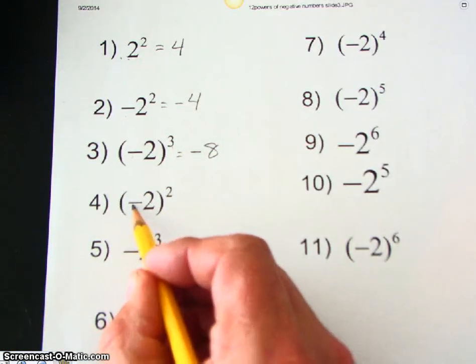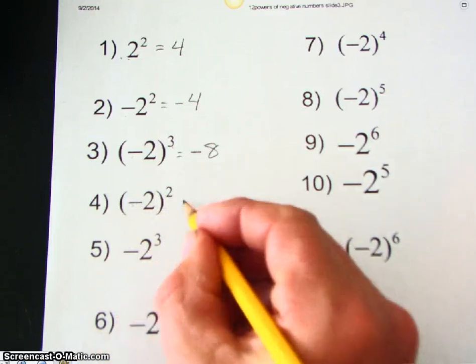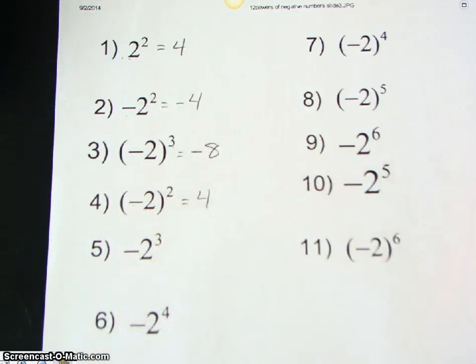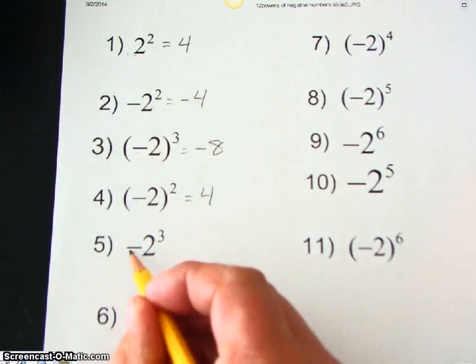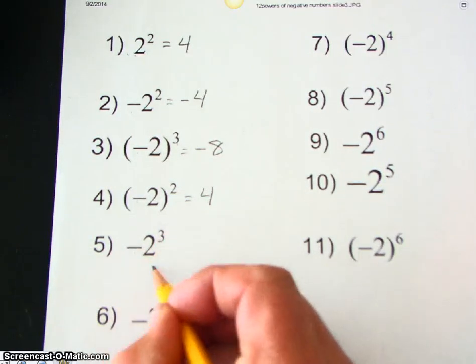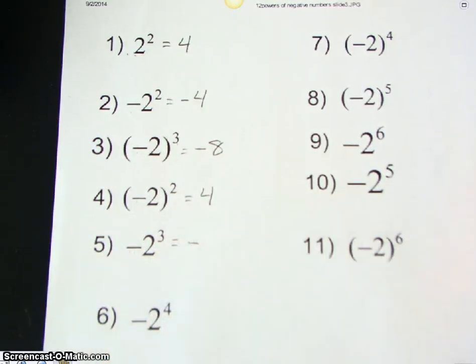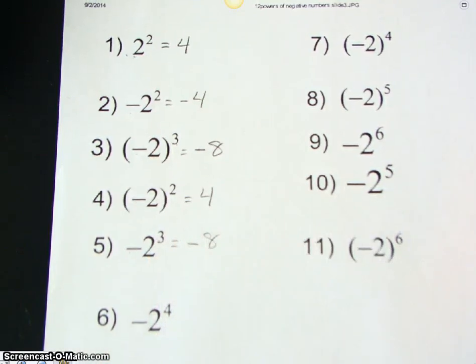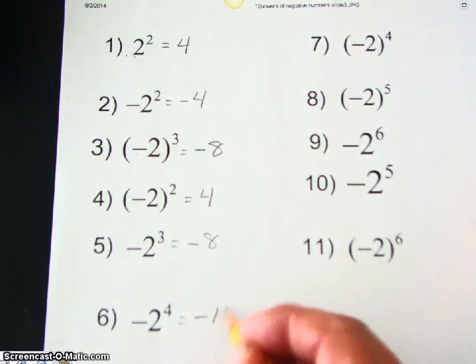Negative on the inside, even power, so my answer is going to be positive, and 2 squared is 4. Negative, there's no parentheses, so my answer is negative, and 2 cubed is 8. Same thing here, negative is not in the parentheses, so my answer is going to be negative, and 2 to the 4th is 16.